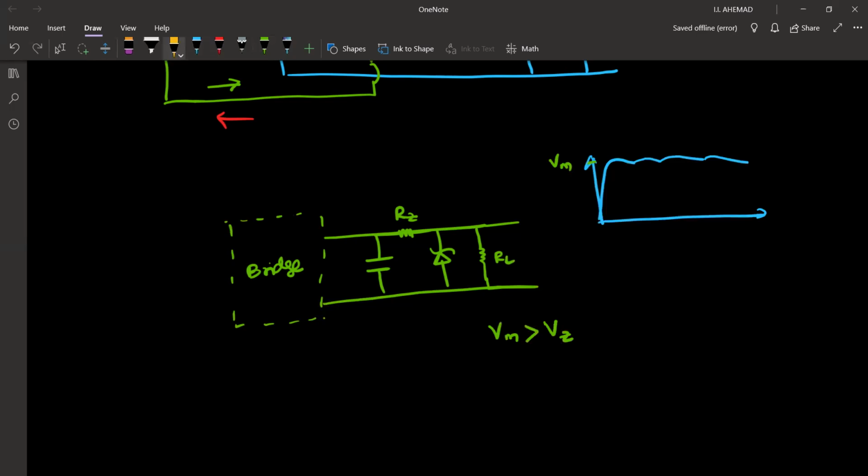So if the Zener gets activated, the potential difference across the Zener will remain a constant. That is at Vz. So the potential difference across this will remain at Vz. Okay. So this will be the plot. Initially it won't be at Vz.